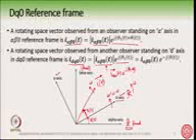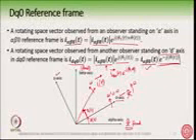You substitute here and simplify, and you will get I dq0 is I alpha beta 0 into e to the power minus j theta t. So whatever space vector you were observing in the alpha beta 0 reference frame, if you multiply it by e to the power minus j theta, then you get the space vector magnitude and angle observed from the dq0 reference frame.